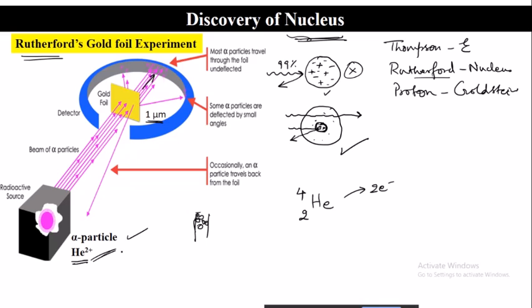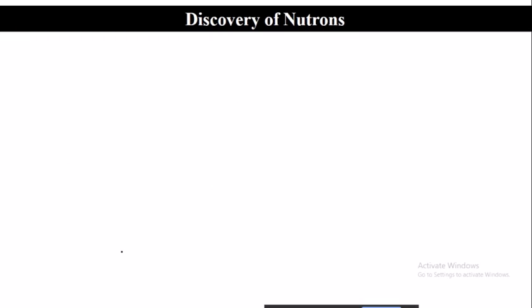Okay, next, neutron. Yes, sir, understood. So these discoveries, the second part, that is the discovery of the nucleus and that of the neutron, were possible by the discovery of radioactivity. Before that, the experiments were carried out in discharge ray tube experiments.